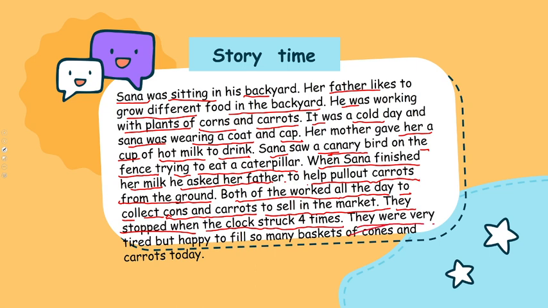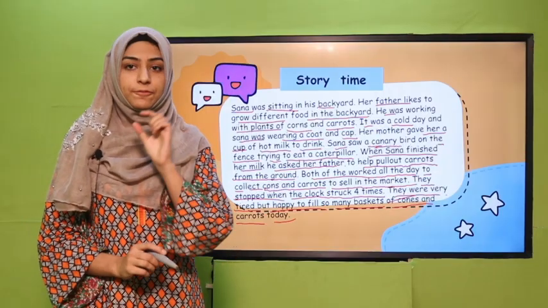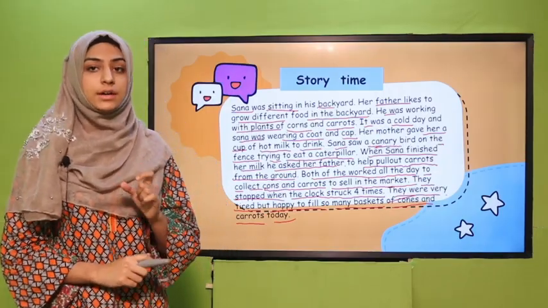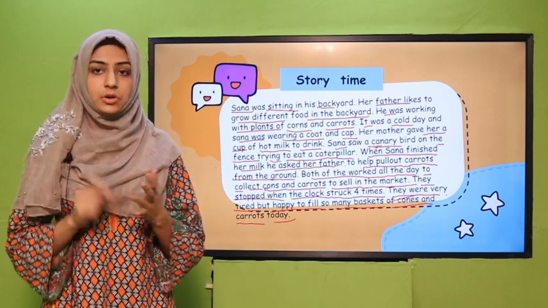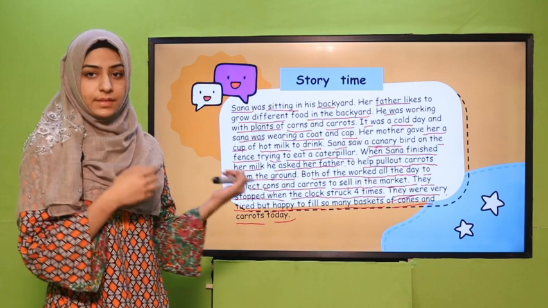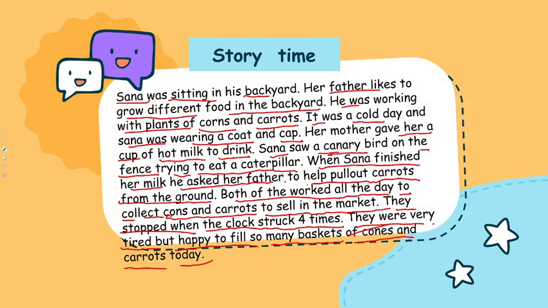They were very tired but happy to fill so many baskets of corn and carrots today. So in this poem we have focused on the sound of K, like the fields of carrots and corn. These two vegetables Sana helped her father to pluck out from the ground.